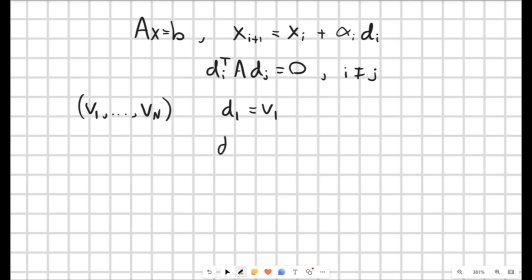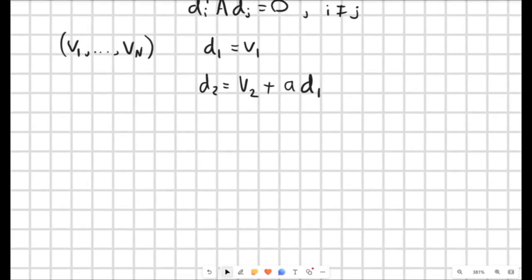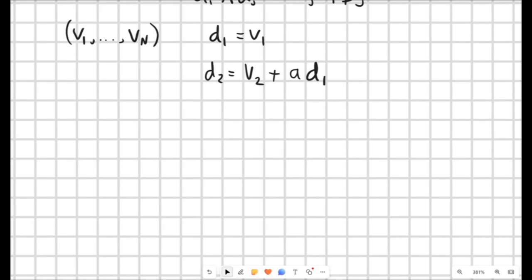We're then going to say that our second search direction is equal to V2, but we're going to add on a constant multiplied by D1, and we're going to see what we can do with this. What we're going to do is enforce the A orthogonality.